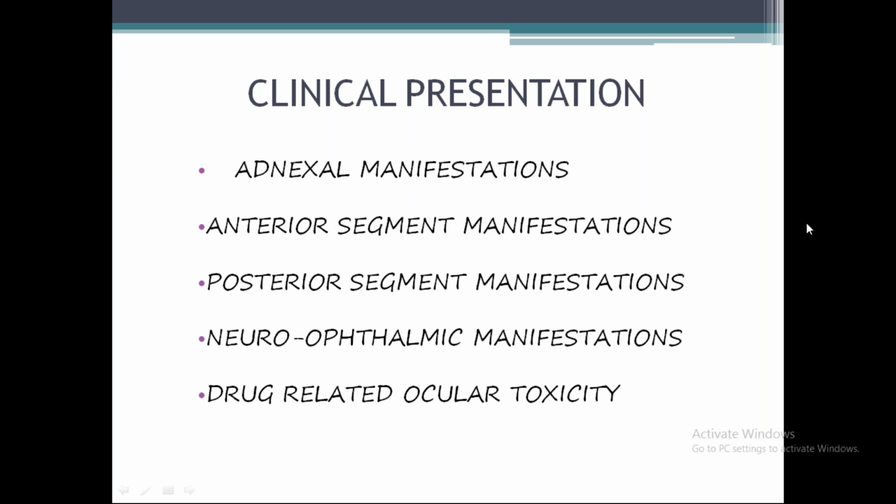From whatever you have learned in various chapters, you must have come across this term in almost all the chapters: tuberculosis of the lid, tuberculosis of the cornea, tuberculosis of the uvea. So what all manifestations can it cause in various parts of the eye? Anything, any one manifestation you can tell.